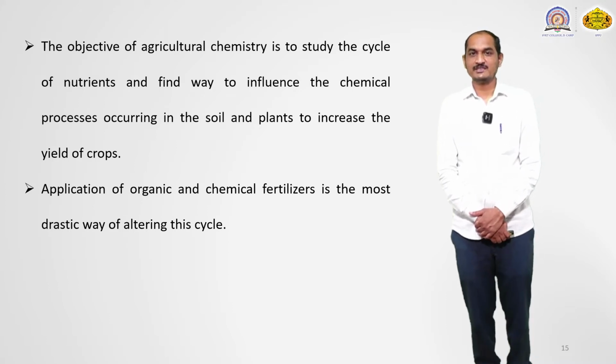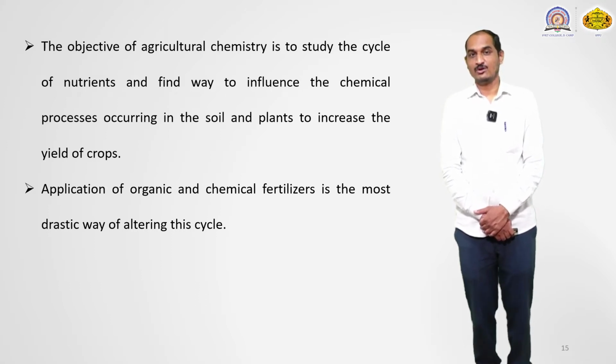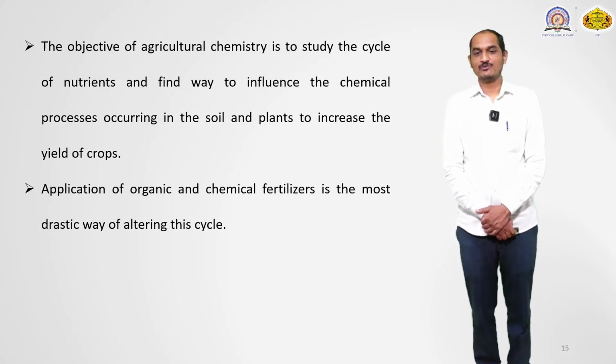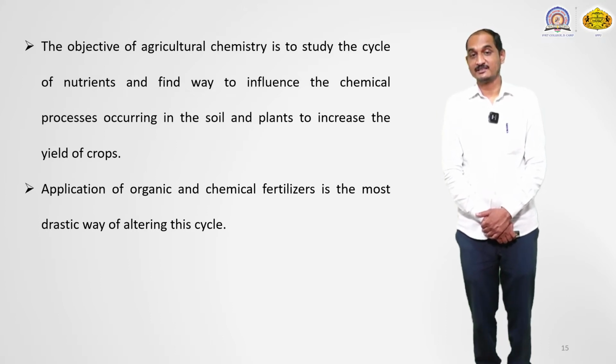The central point of attention is how to fulfill the demand of mankind, how to increase the yield of crops. Okay, and the application of organic and chemical fertilizers is the most drastic way of altering this cycle.